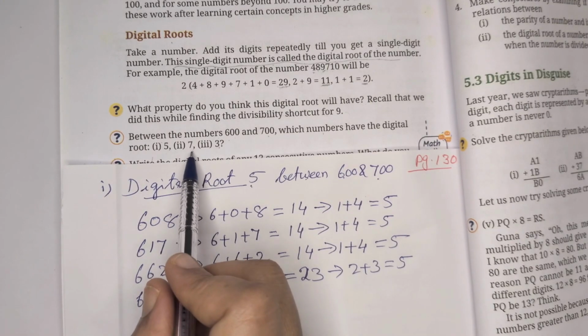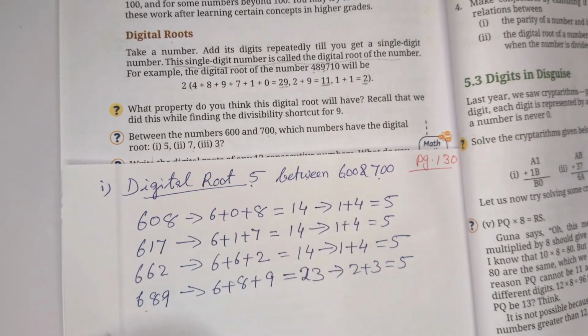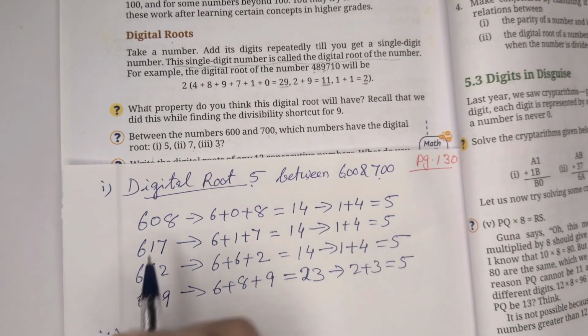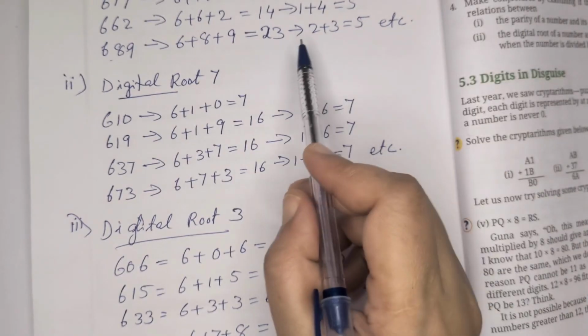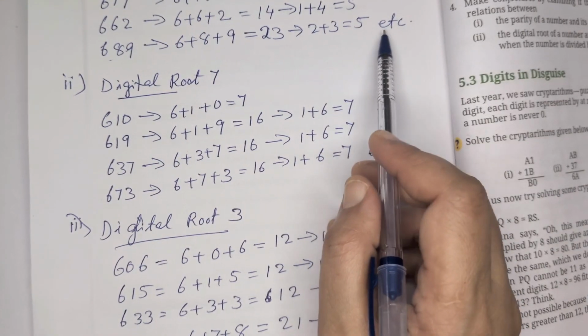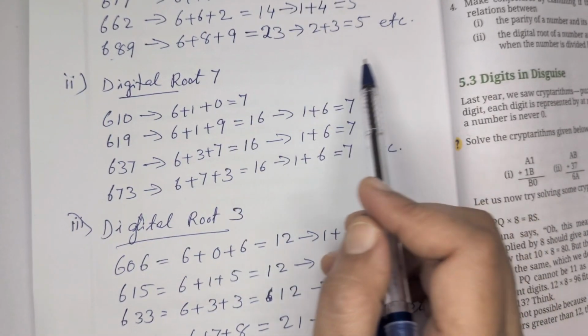Now next, in the same way, we check the digital root 7. In the same way we can find many numbers between 600 and 700.